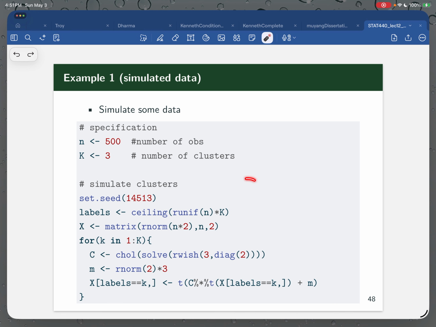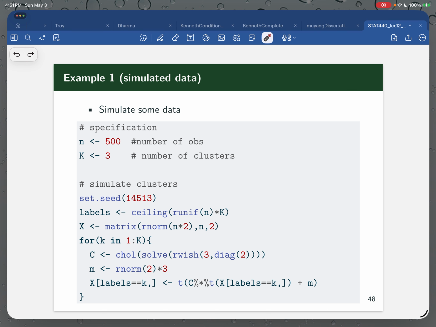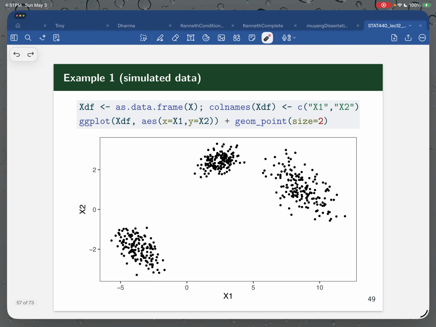What this code will do, if you look at it for a second, is simulate data arising from 3 clusters. And the data ends up looking like this. So here in this example, the clusters are really distinct, and they should be relatively easy to learn. Okay?